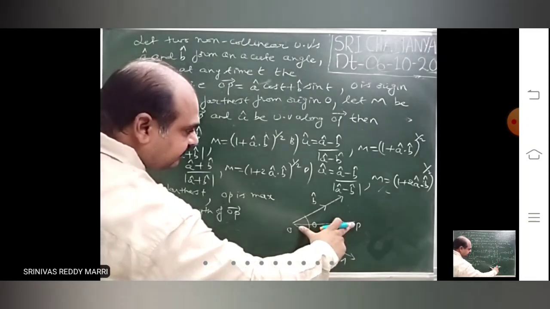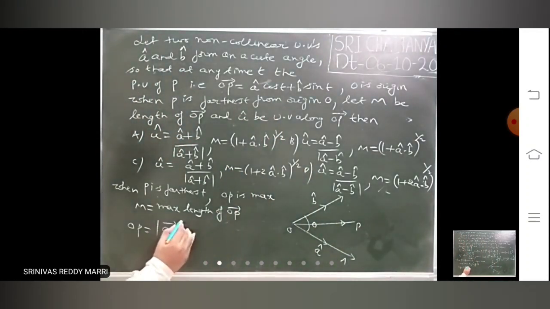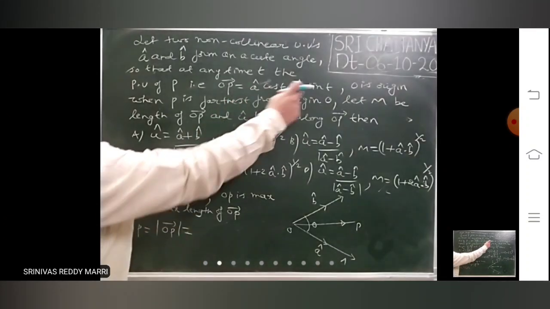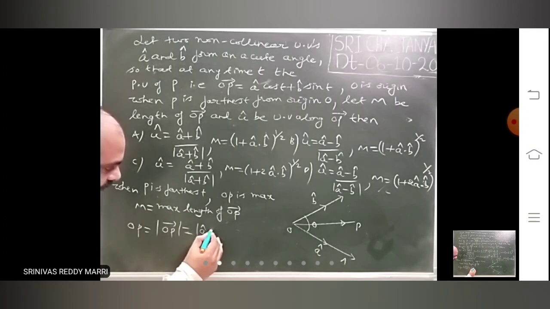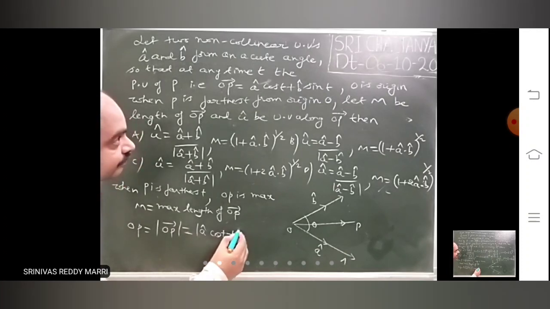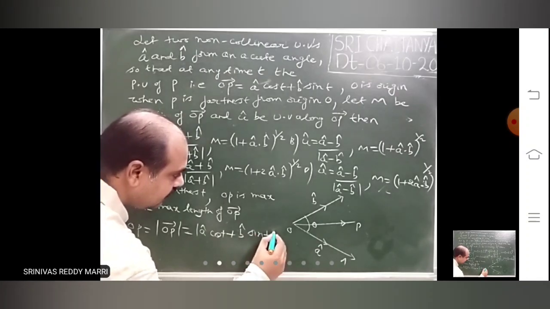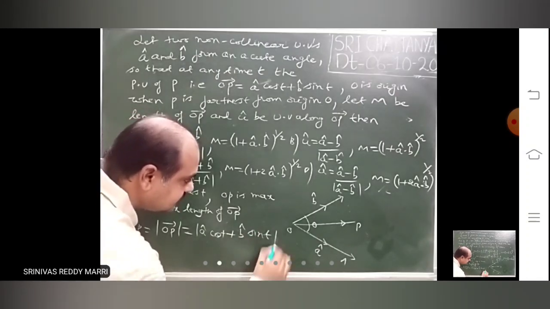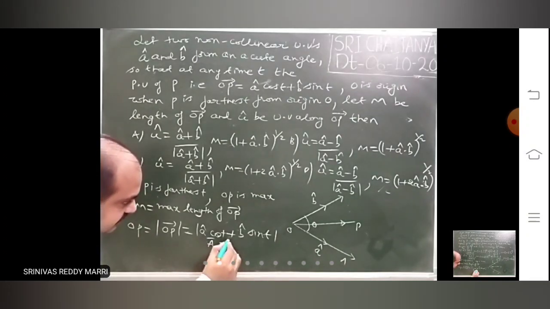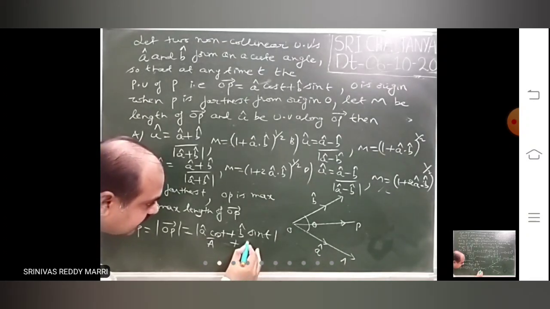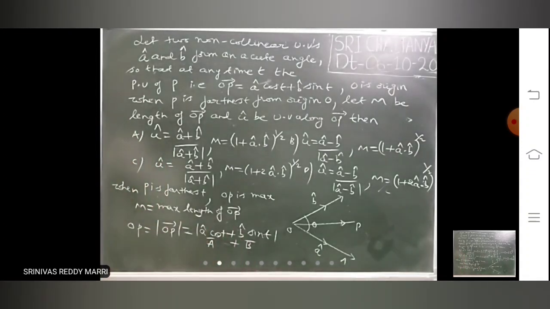OP bar is this. Length of this is nothing but you can calculate the modulus of that vector. OP is nothing but at any instant of time modulus of OP bar, that is A cap cos t plus B cap sin t. So let us say for convenience, this is A bar plus this complete is B bar. So this is A bar, this is B bar.